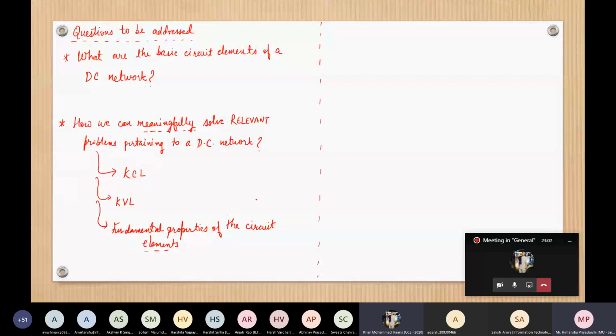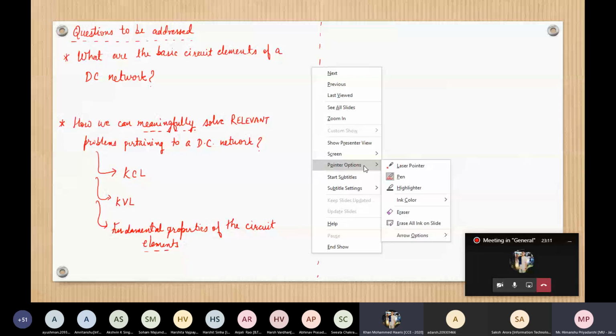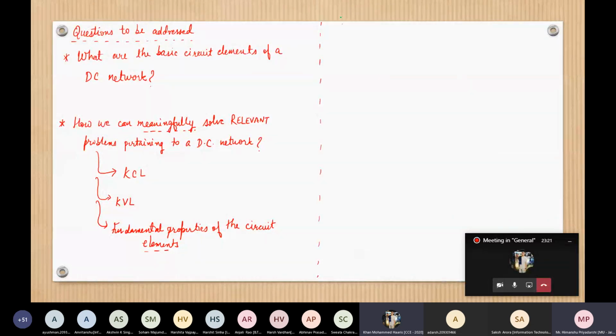Okay, so can you quickly answer the first question which is written on the left pane of my screen? Battery. Very good. Battery, what else? Resistance. Louder please, my dear friend. Resistance. Very good. Connecting wires.